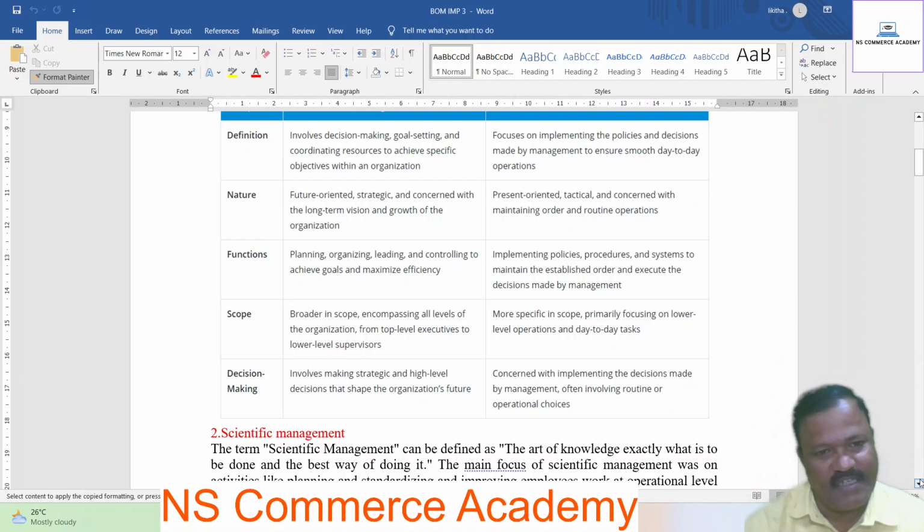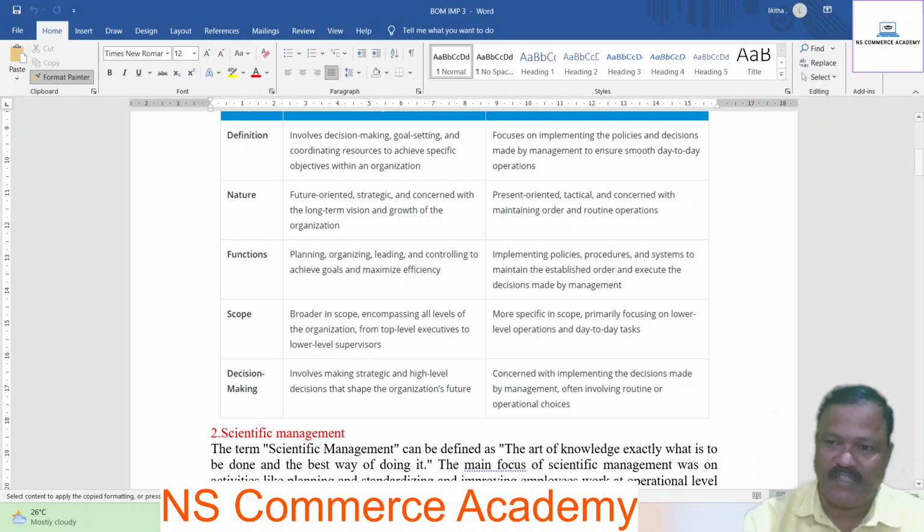Next, decision making. Management involves making strategic and high-level decisions that shape the organization's future. Whereas administration is concerned with implementing the decisions made by management, often involving routine or operational choices.